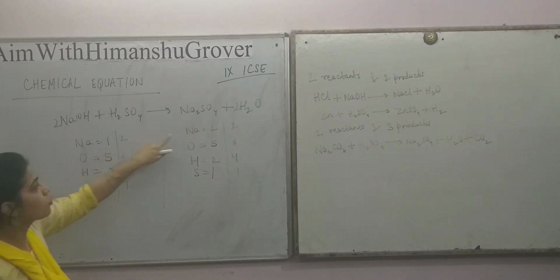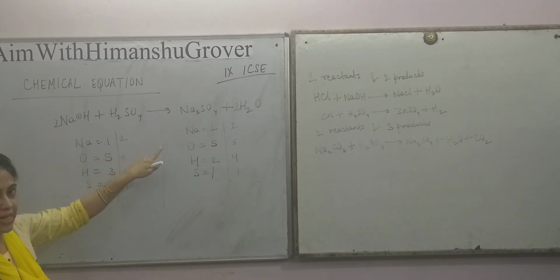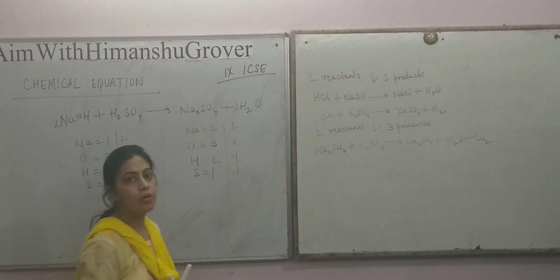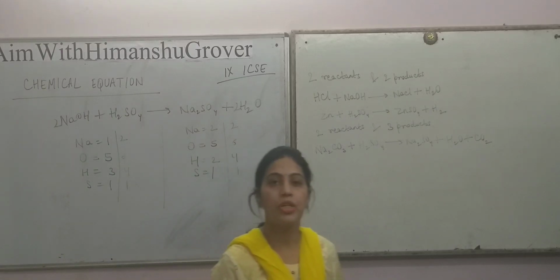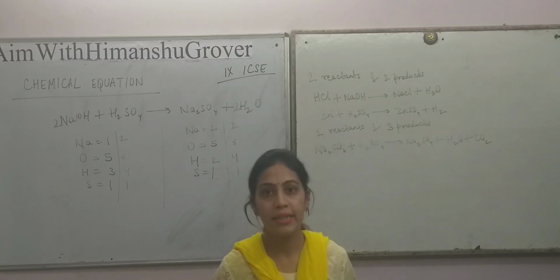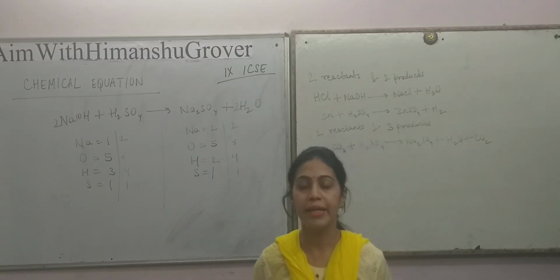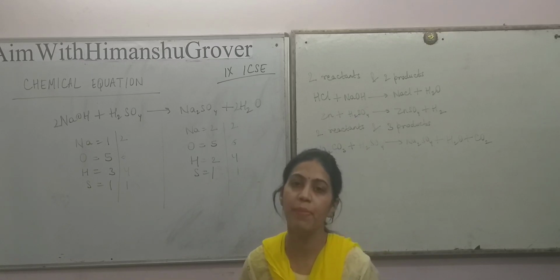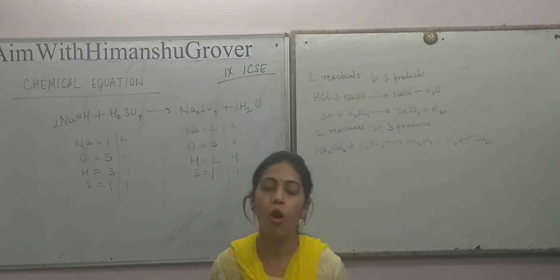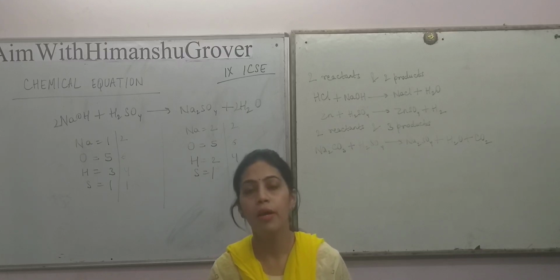Now we see sodium atoms on both sides are the same, 2, oxygen atoms on both sides are the same, 6, hydrogen also 4 on both sides and sulfur is also 1 on both sides. Now the equation is balanced, and these equations are called balanced equations, and every equation must be balanced to follow the law of conservation of mass or matter.